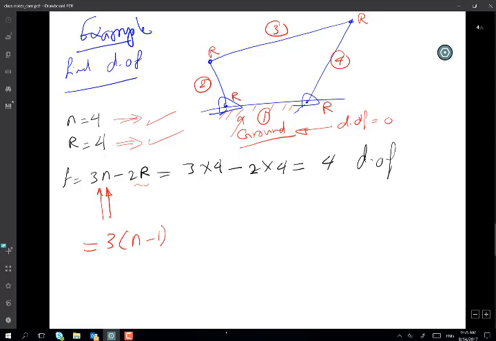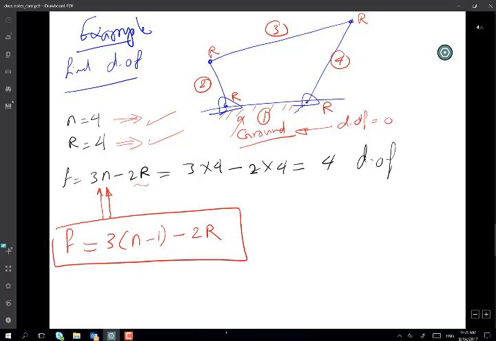Because there's a convention, a link should be counted, but then it should be deducted from the equation of mobility, or degrees of freedom. We'll refer to this also as mobility. So now I have a more accurate equation.